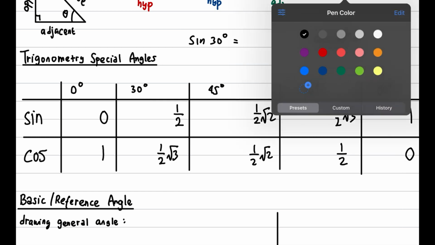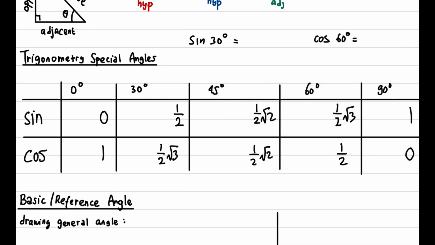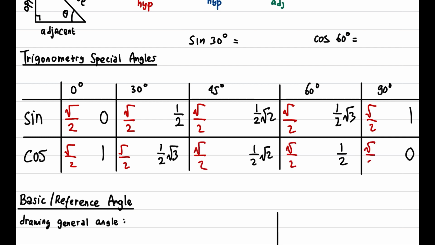Here's the way I have. You put square root over 2 in all the cells we have in the table. Square root over 2 in each cell.